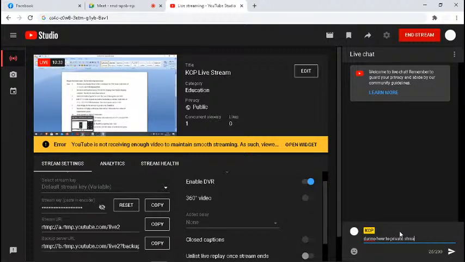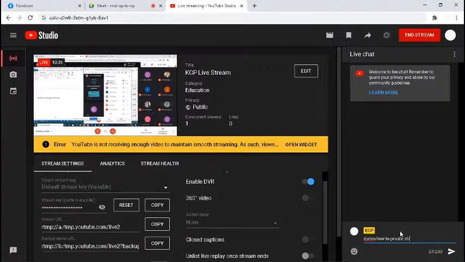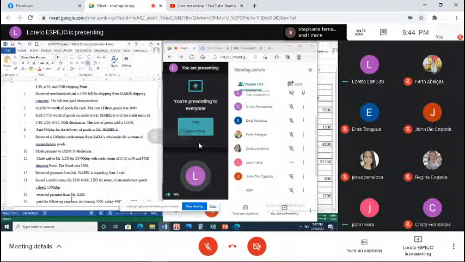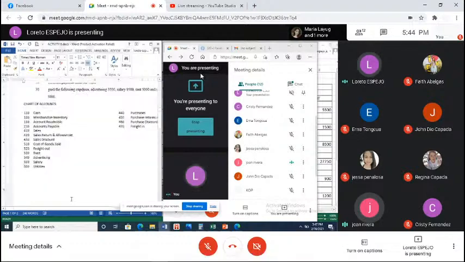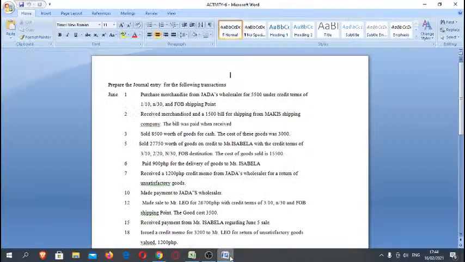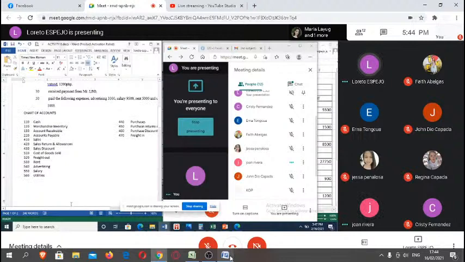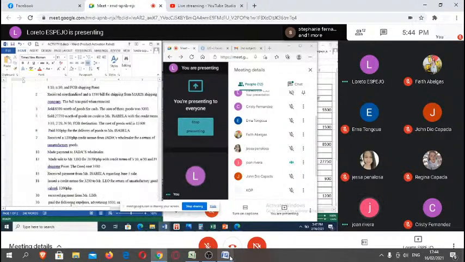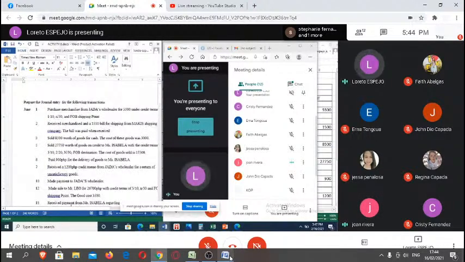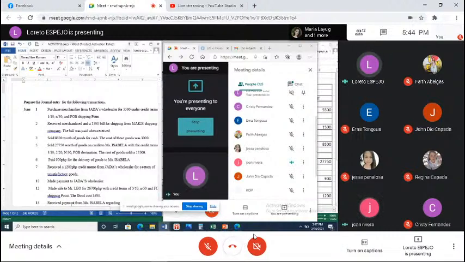Debit cash, pumasok yung cash. Ano ba yung revenue account natin? Sales. Credit sales, 8,500. Okay. So debit cash, 8,500, credit sales, 8,500.